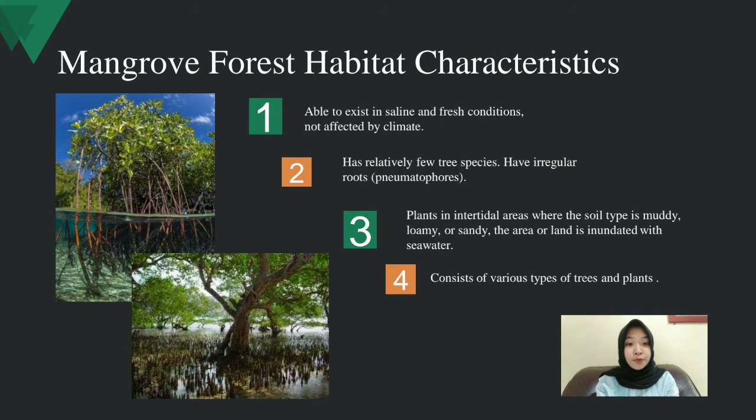Now, we'll move to the function and benefit of mangrove forest.